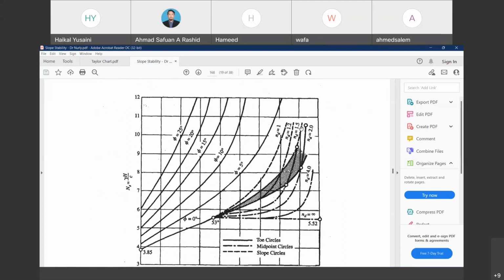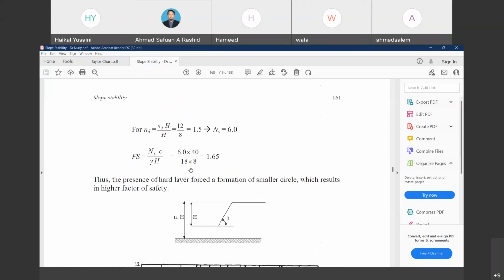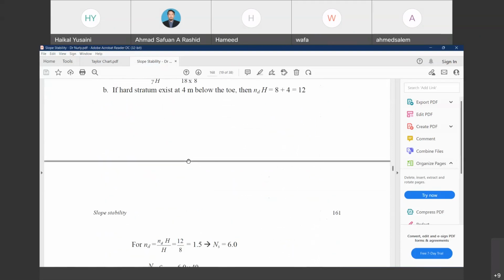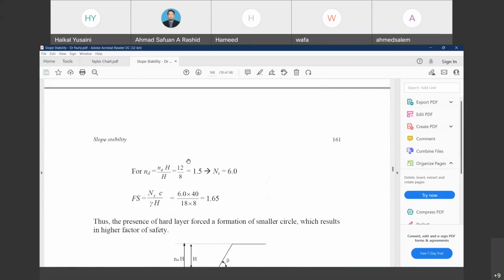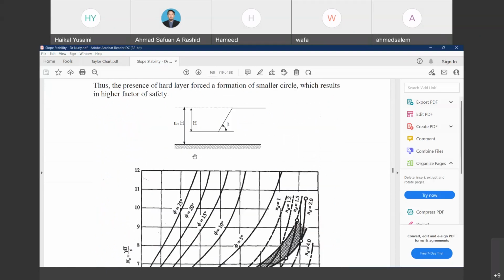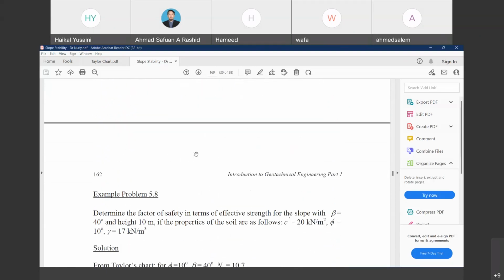So it meets the 6 for the stability number. So 6 times 40 over 18 times 8, the factor of safety is equal to 1.65. A little bit higher compared to the first example. So that is for the first example.